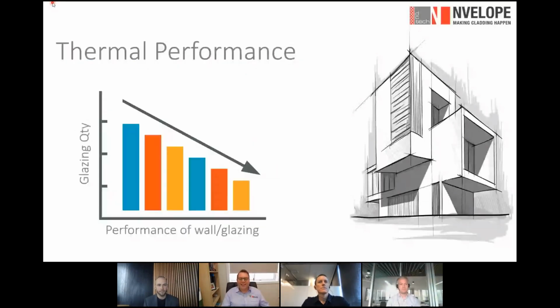Well, an increase in glazing now equates to a decrease in the overall wall-glazing's thermal performance. So we're going to be spending a lot more money compensating for that performance. We're going to see more heavy-duty systems with regards to double and triple glazed windows to compensate, along with better insulated walls.